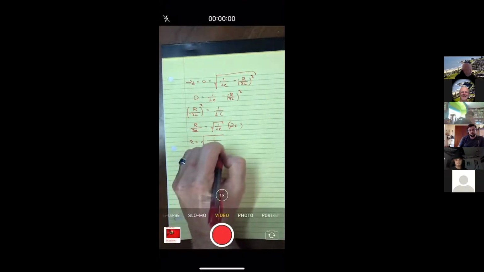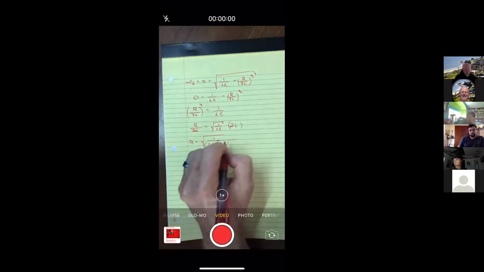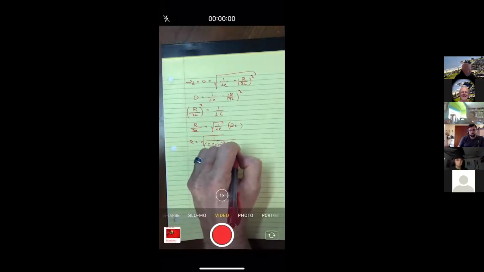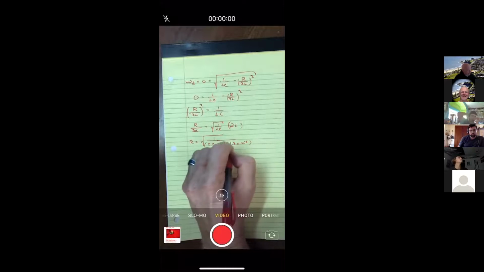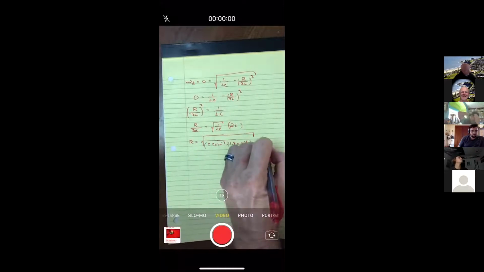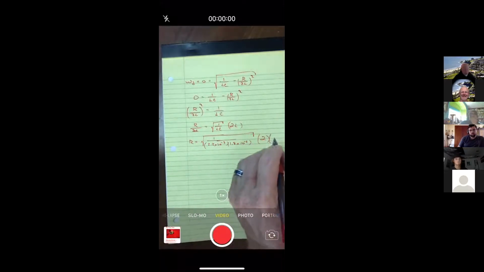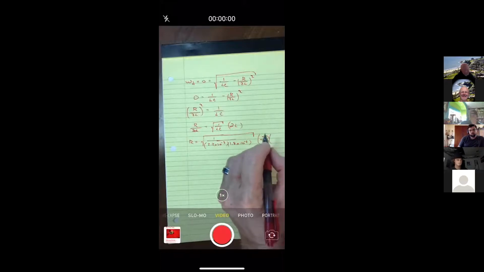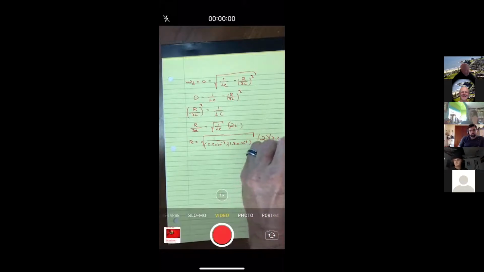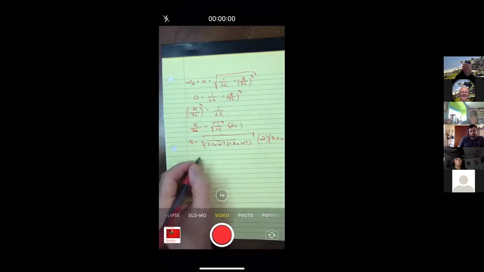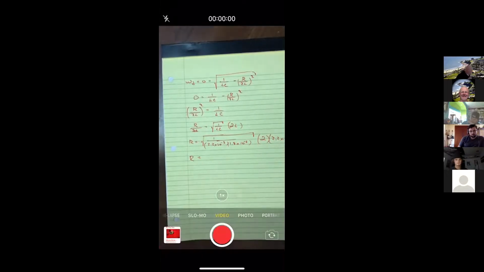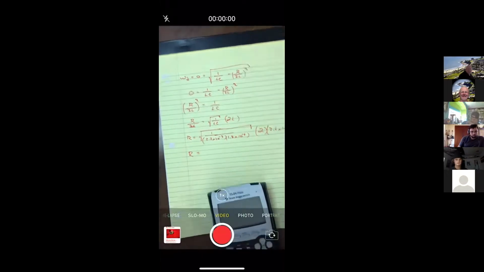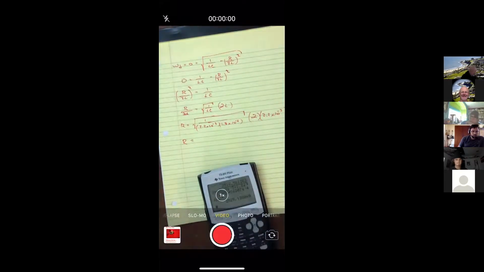2.2 times 10 to the minus 3, and C, 1.8 times 10 to the minus 6, and then multiply that by 2, and then multiply that by L, which is 2.2 times 10 to the minus 3. So if we put in this much resistance, we would get no oscillations out of this.